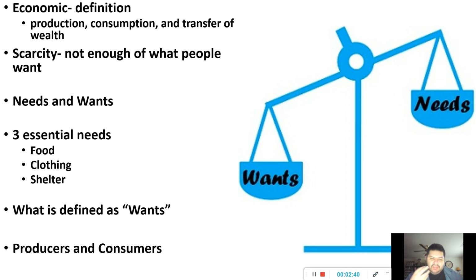So going back to the PS5, we're going to get to the needs and wants, because there is a difference. When you hear people say, oh, I need this to survive, chances are you don't. The needs are basically three things: food, clothing, shelter. Now, what defines a want is anything you really don't need.